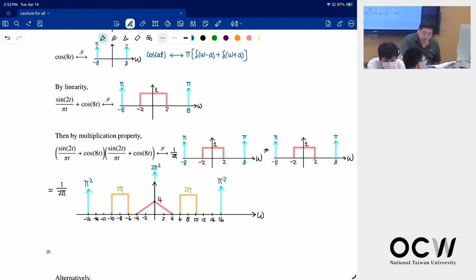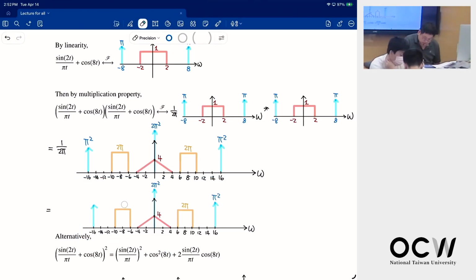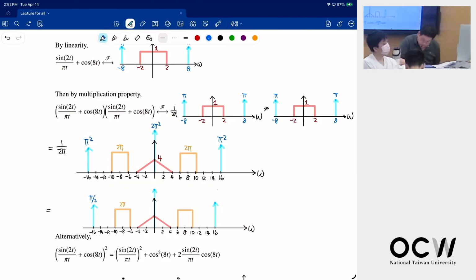Okay, and then you multiply by 1 over 2 pi. So finally you just change the magnitude. Okay, here you have pi over 2. Pi over 2. And then pi.